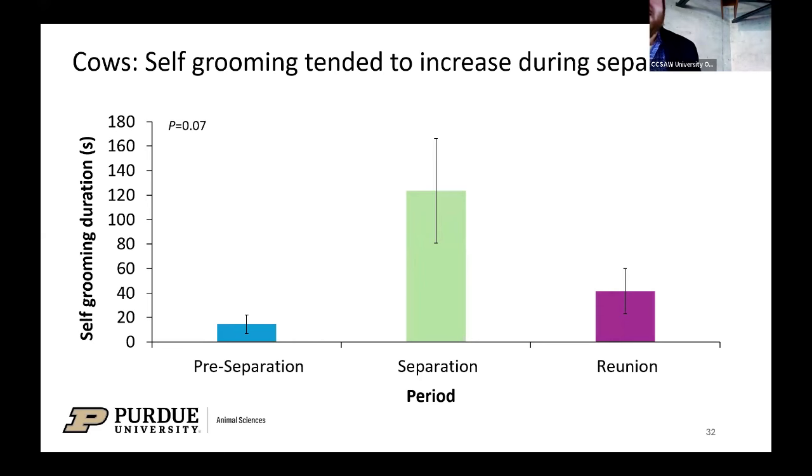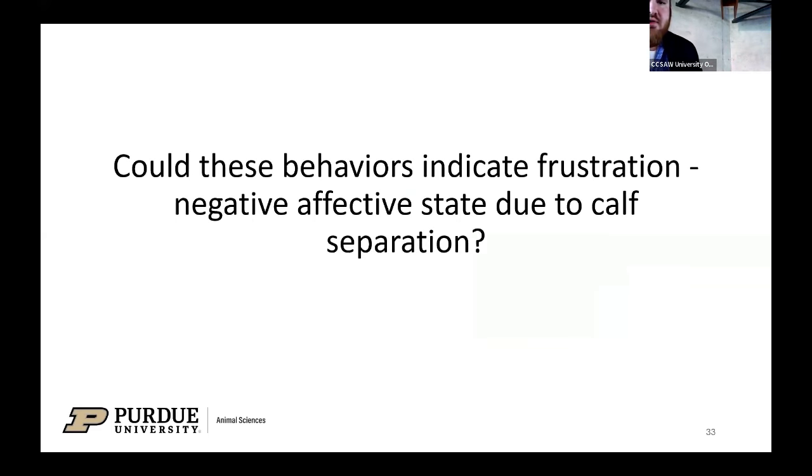And self-grooming tended to increase during separation. So when we take these 3 behaviors, non-maternal behaviors, could they indicate frustration or a negative affective state due to calf separation? It is important to note that the cow could still hear the calf, and this may have added to her frustration.